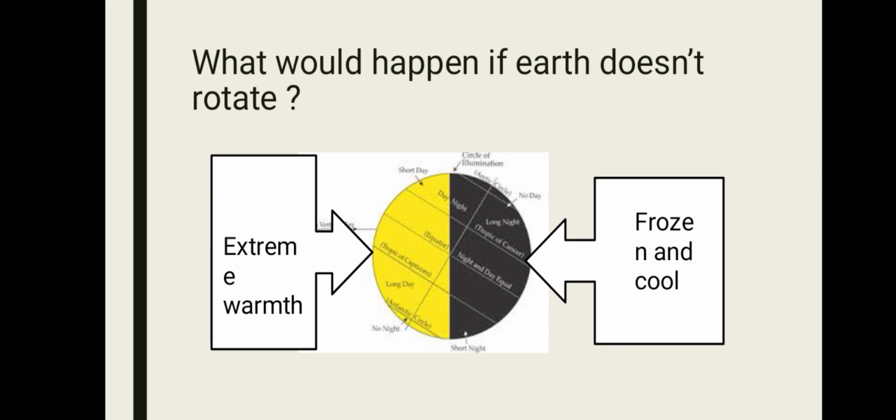The portion facing the sun will have extreme heat, and the other portion will have freezing cold. Despite the revolution of the earth, the situation will be the same, because the earth is not rotating. It may revolve but it will not rotate, and in this situation life will not be possible on our planet earth.